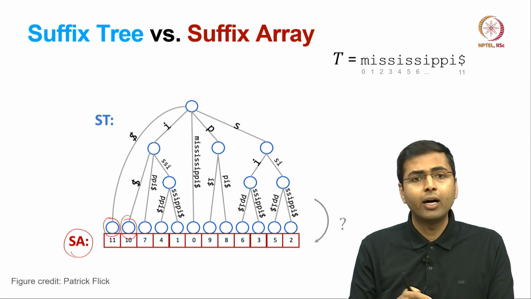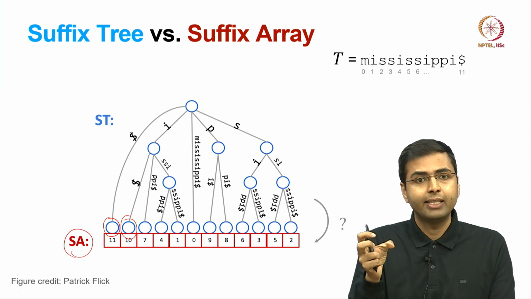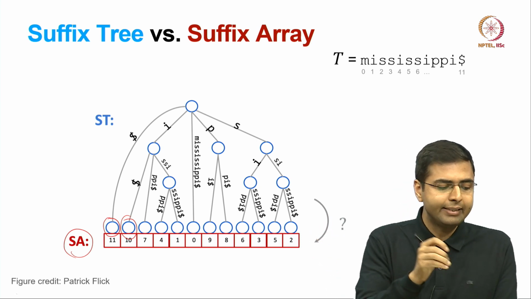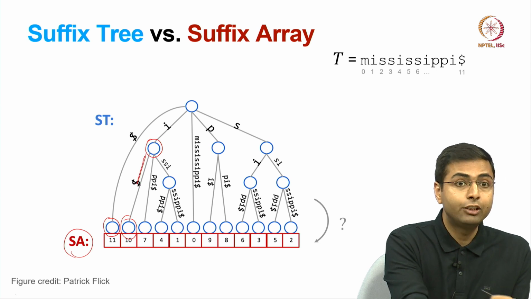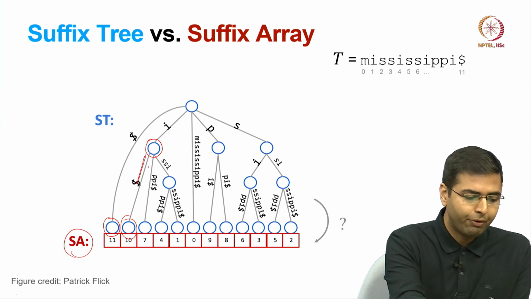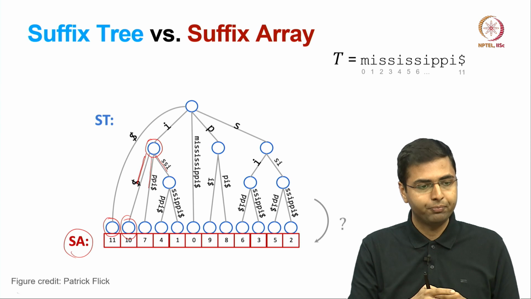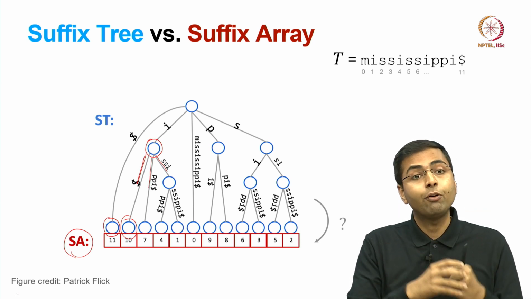You can do a depth first search of the suffix tree and produce leaves in lexicographical order. We have to be careful that when we do depth first search, we prefer the lexicographically smaller edge first. So the $ edge should be visited first, before PPI$, before SSI$. If we do the depth first search in that order, then the order in which we visit the leaf nodes will be equivalent to the suffix array.